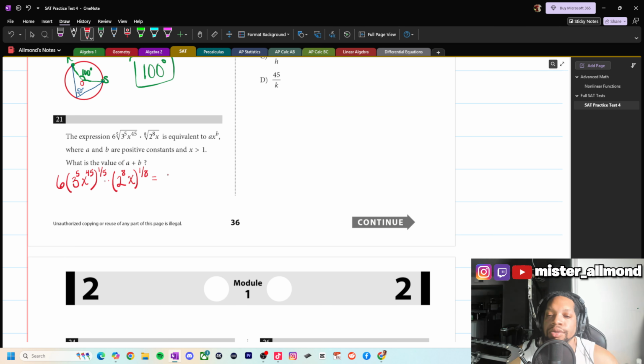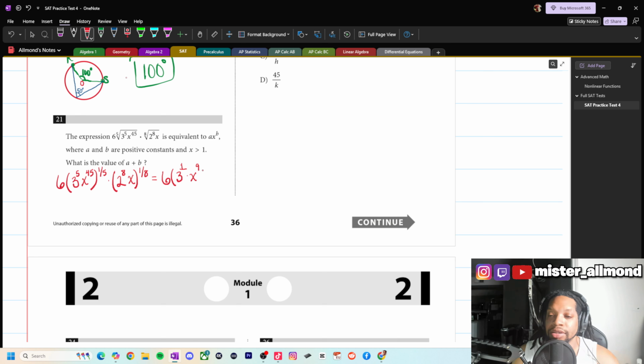All right. Properties of exponents tell me that if I have some base to an exponent, all of that raised to an exponent, then I just multiply the two exponents. I know that was a mouthful. So that'll be equal to 6, and then 3 to the 5 times 1/5 is just 1, so 3 to the 1, times x to the 45 times 1/5.